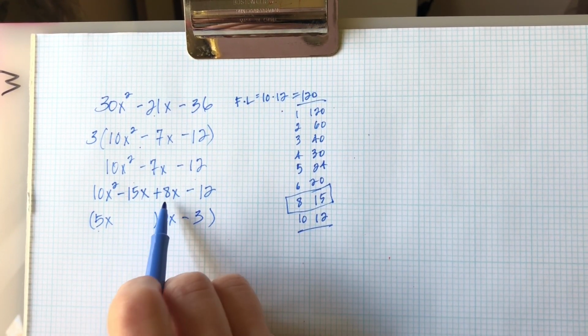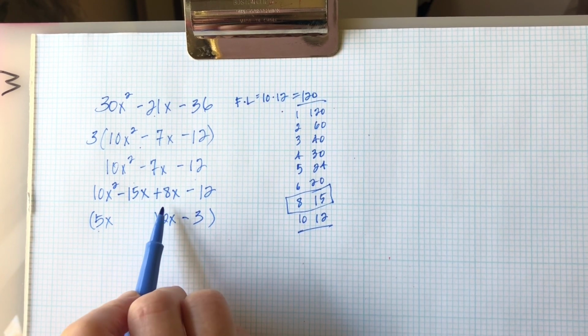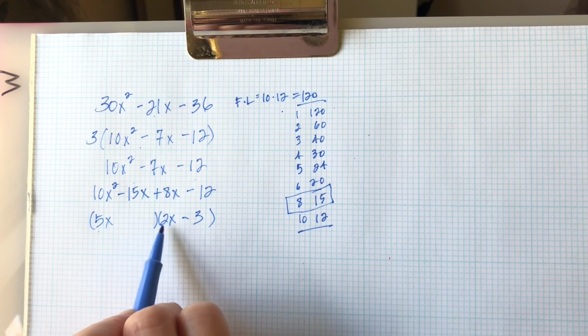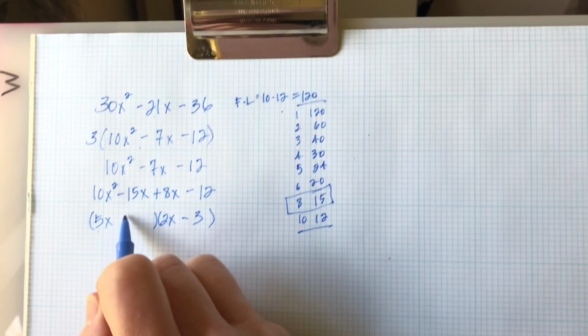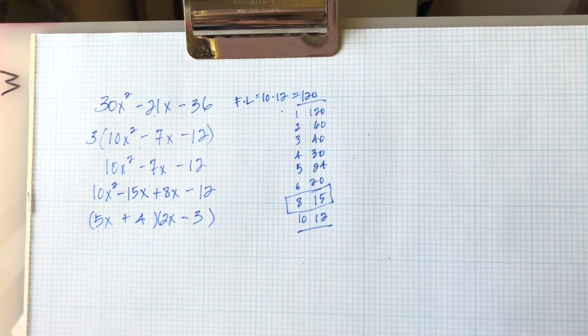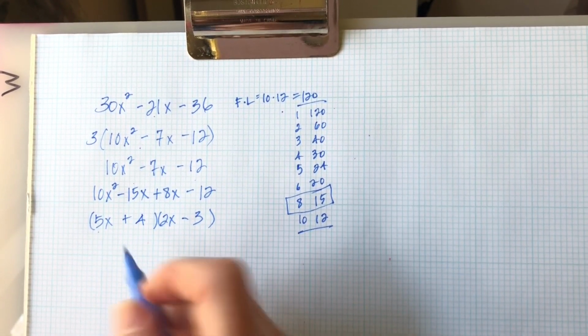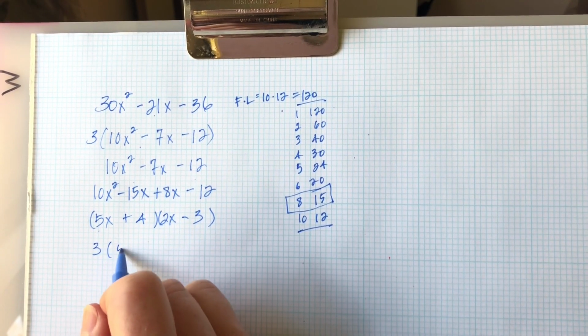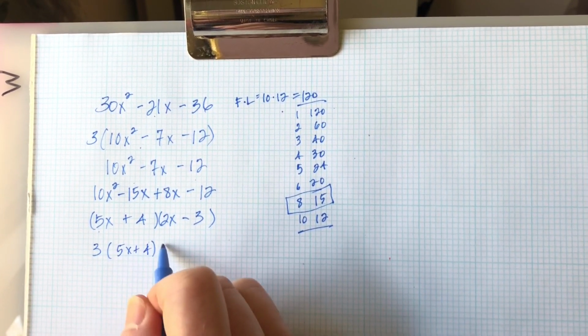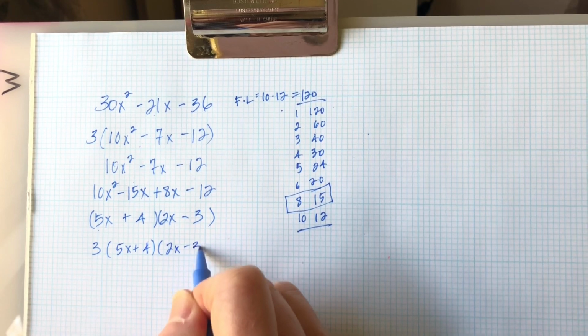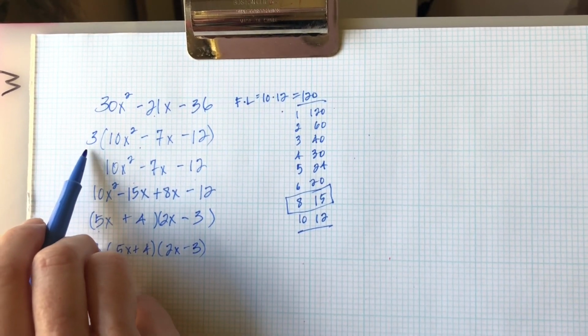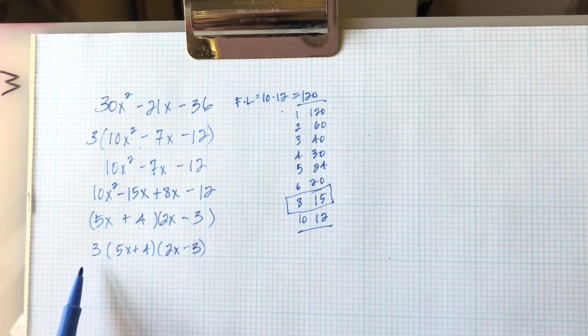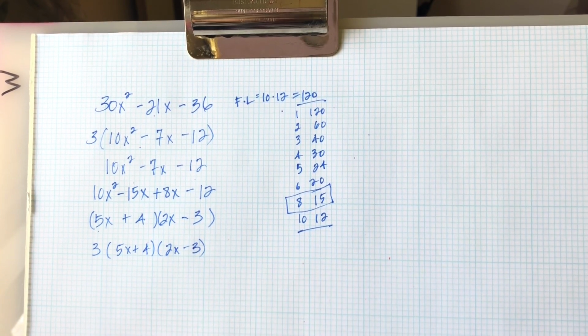And then this term comes from the inside terms, so something times 2x to give us 8x, that's plus 4. And our final answer is going to be 3 times the 5x plus 4 times the 2x minus 3. And this 3 just came from my initial factoring out the GCF of that expression.